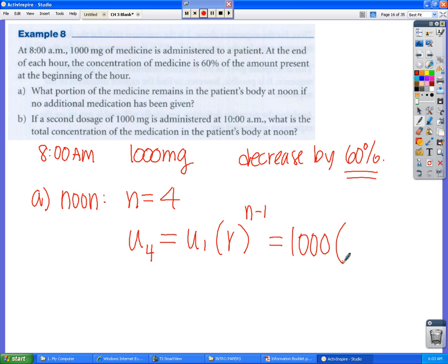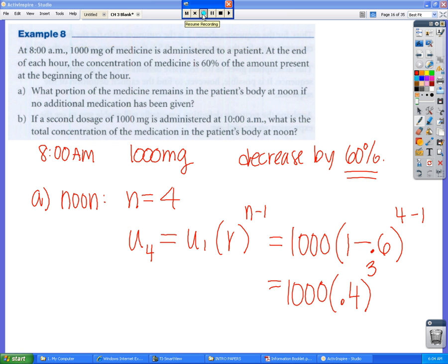My common ratio, I'm going to decrease by 60%. What that means is I'm keeping 40% of what's there. So really what I'm going to do is a 1 minus the 0.6 to the n minus 1. So really what you'll see is that I actually have 0.4 as my common ratio to the third power. So decreasing by 0.6 is the same as multiplying by 0.4.